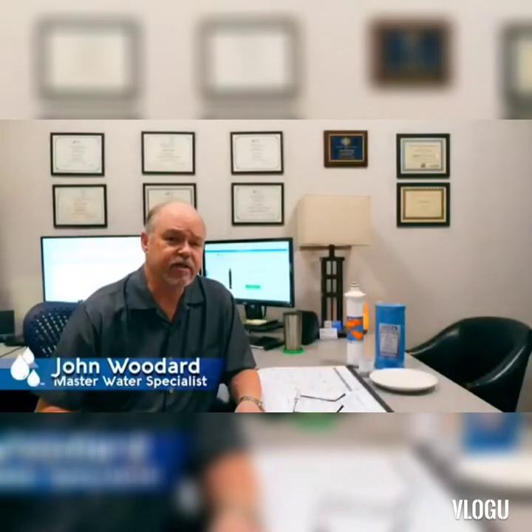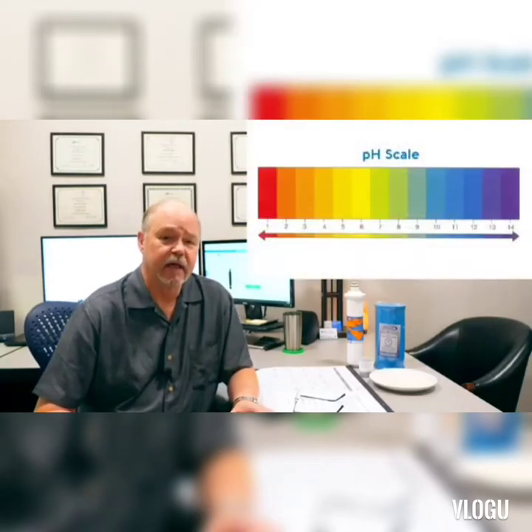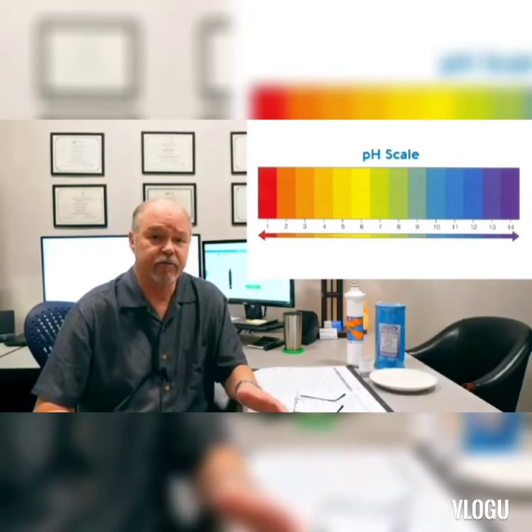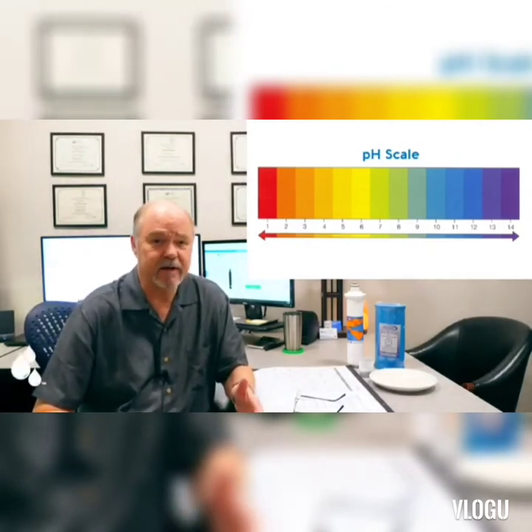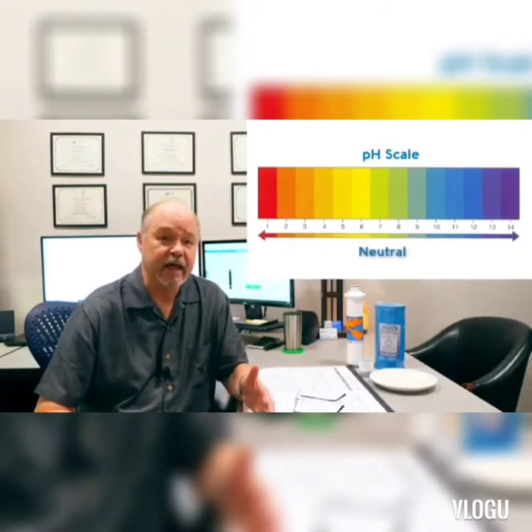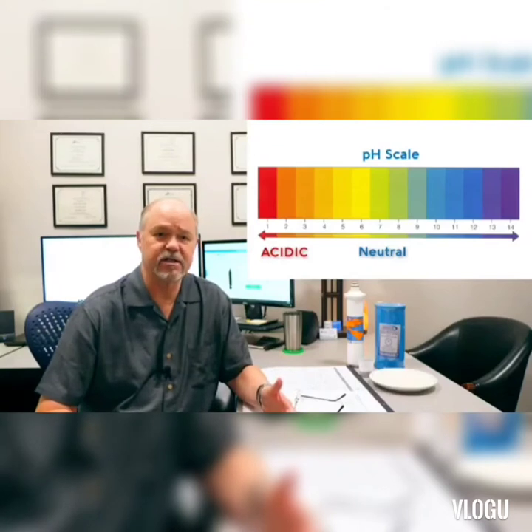The definition of acidic water has to do with the level of pH. And pH is a scale of acidic or alkaline water from 0 to 14, 7 being right in the middle, that's considered neutral. Anything below neutral is on the acidic side of the pH scale.